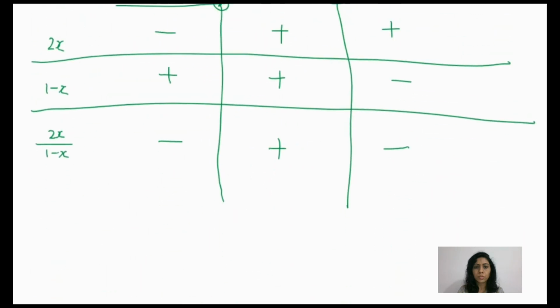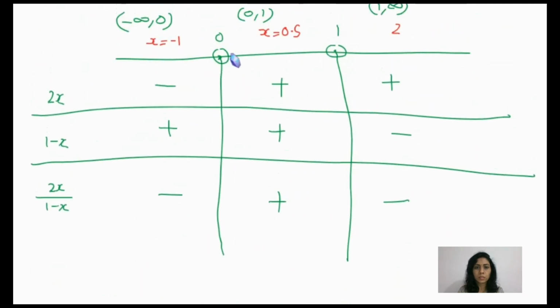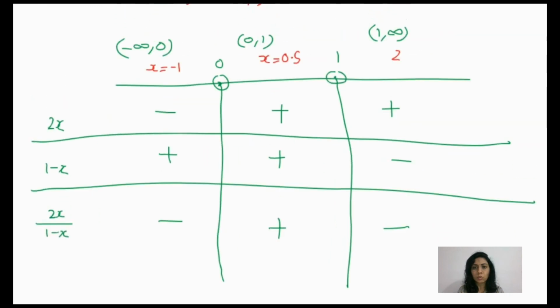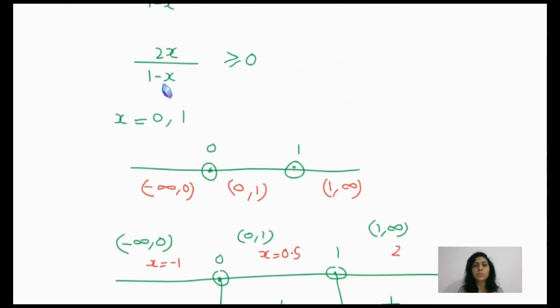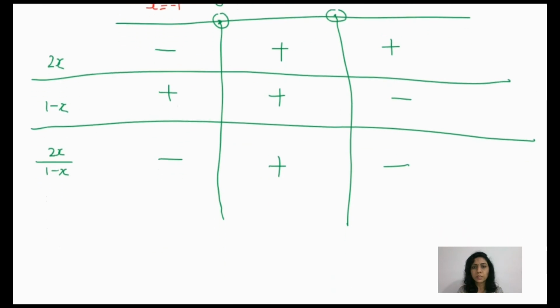So we can choose here this 0. But we can't put here x is equal to 1, because when we put 1, it will not be defined, right? So our answer is 0, which is included, and 1 not included.